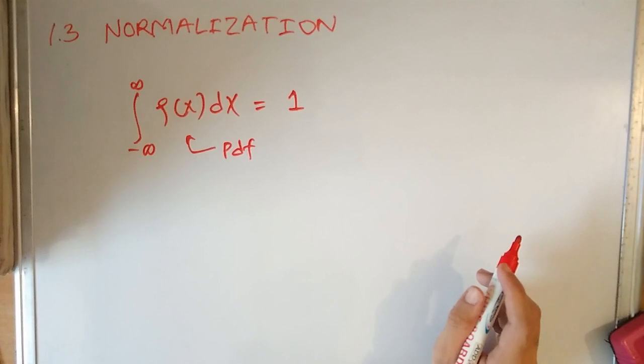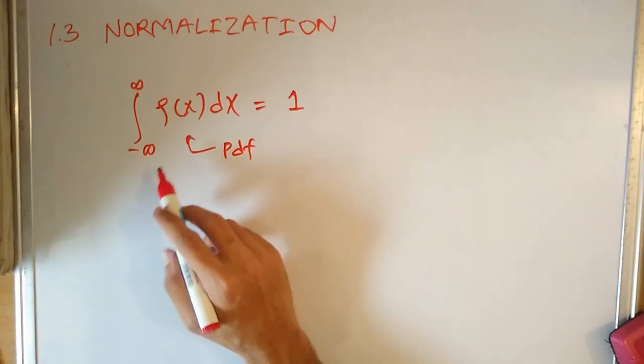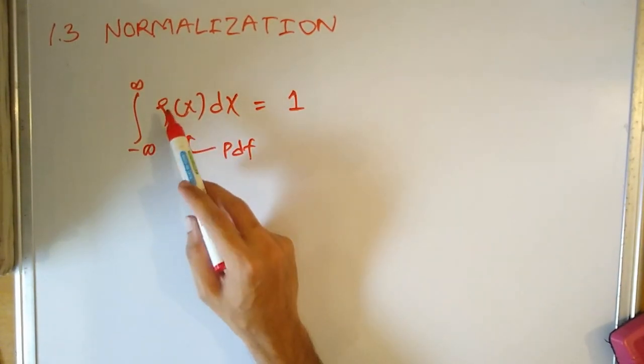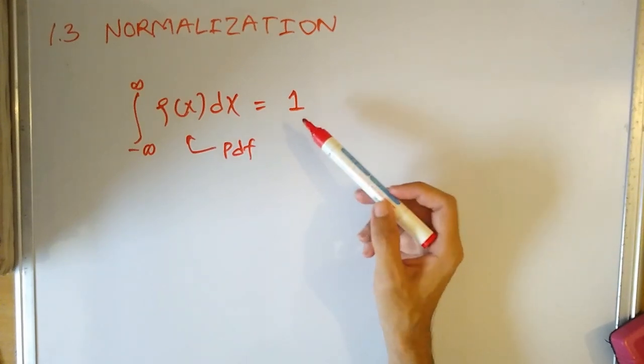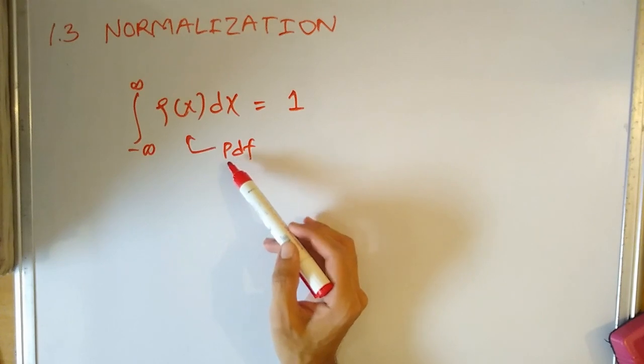So far we have learned that the wave function acts as a probability distribution function. Like if we write the formula rho of x dx and integrate it from minus infinity to infinity, it will give the numerical value 1. Here rho of x is the probability distribution function.